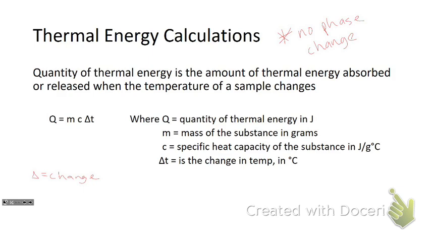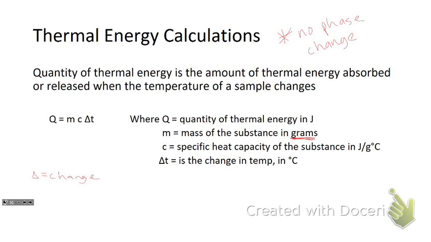Another thing we need to make note of here is that M is our mass of the substance, and that is in grams. That is different from our phase changes formula. Here we are dealing with moles. We're dealing with moles in this one.